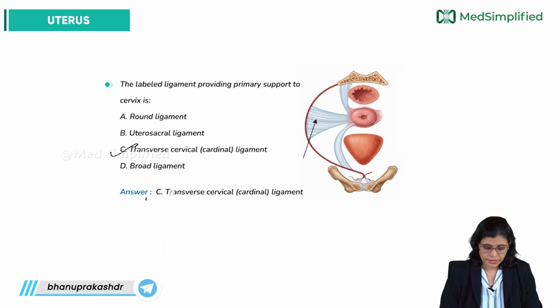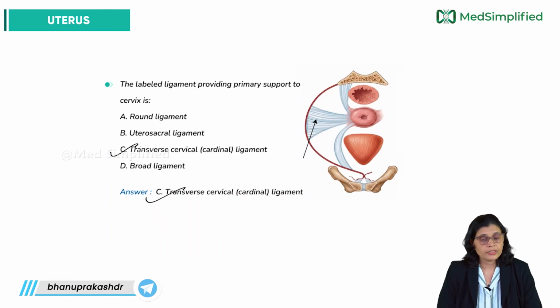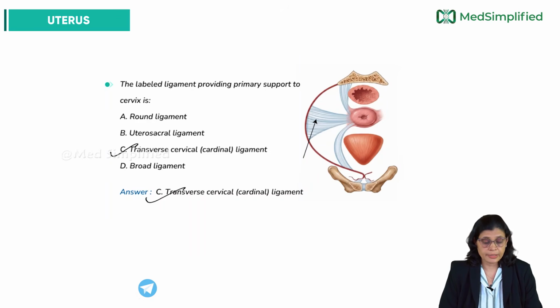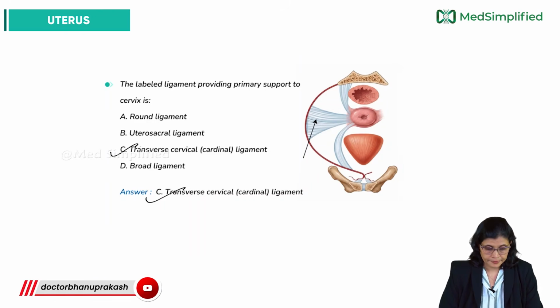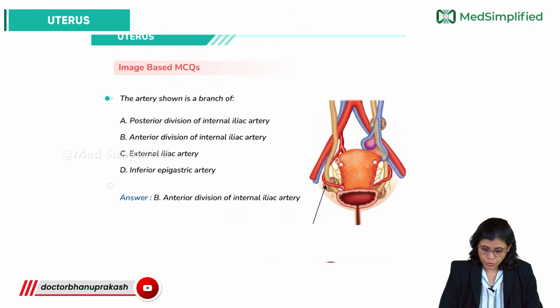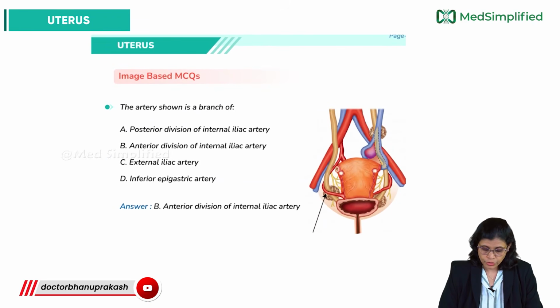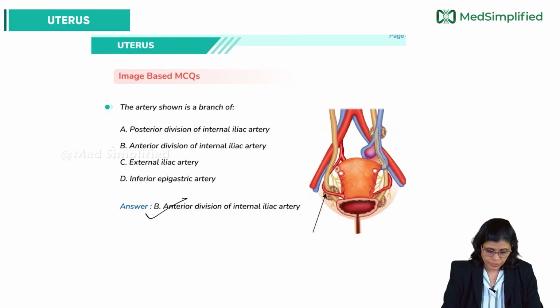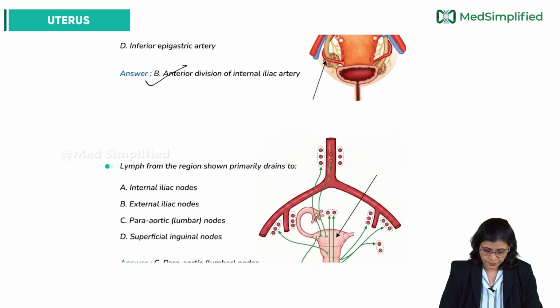Okay, so this transverse cervical or cardinal ligament is also called the Mackenrodt's ligament. Since it is the main support, it forms the primary support, we call it the cardinal ligament. Then the artery shown here is a branch. The artery shown is the uterine artery, and uterine artery is a branch from the anterior division of internal iliac artery. So B is the right choice.